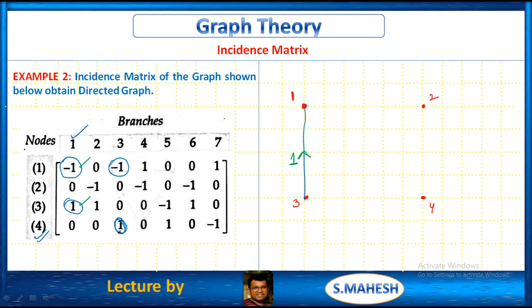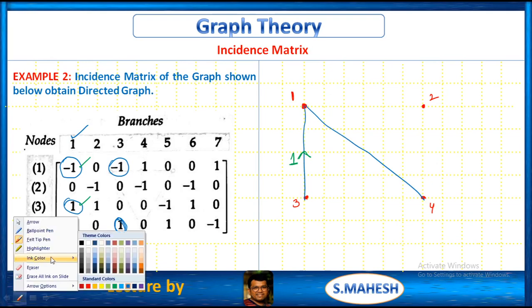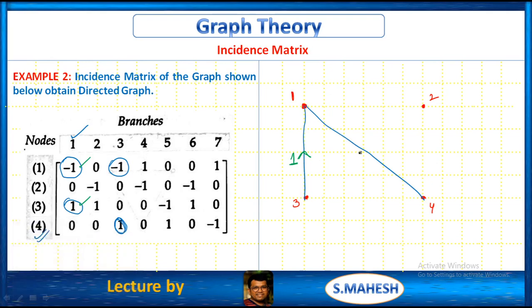Like that, the same branch can be towards node 1. So the graph is what? Simple. Algebraic sum of column entries should be equal to 0. You have to take that as the key point. Branch 3 completed.